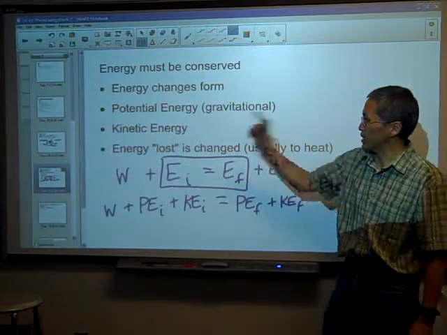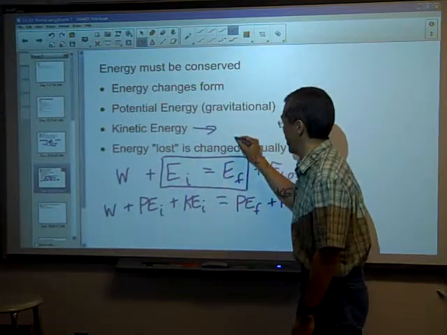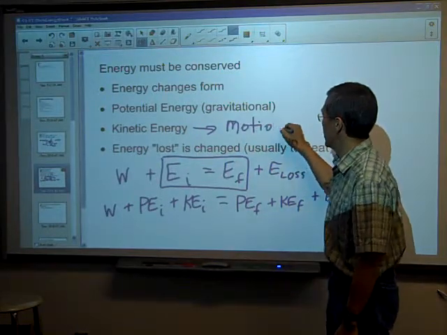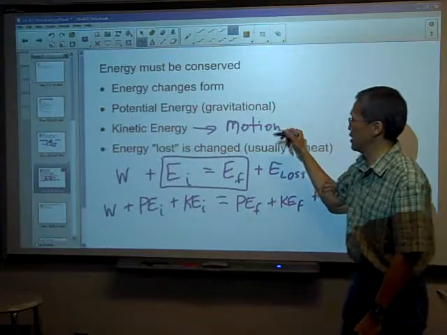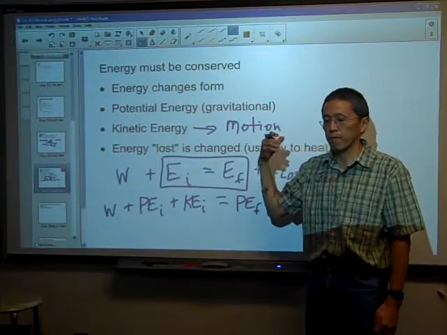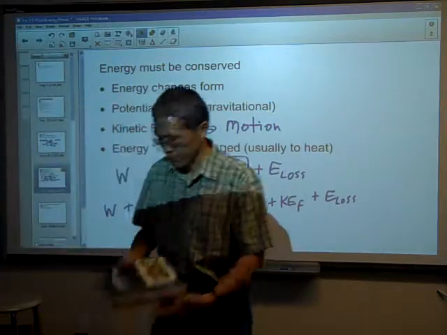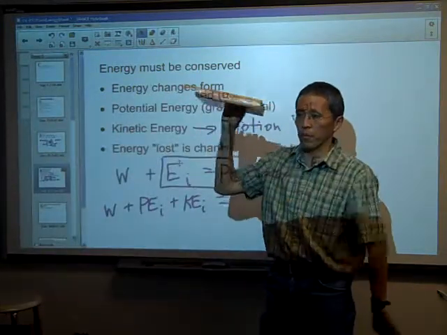All right. So what's kinetic energy? Kinetic energy is energy of motion, as I mentioned a second ago. And potential energy is just some kind of pent-up energy, if you will. So here's my book again. Does this book have more?